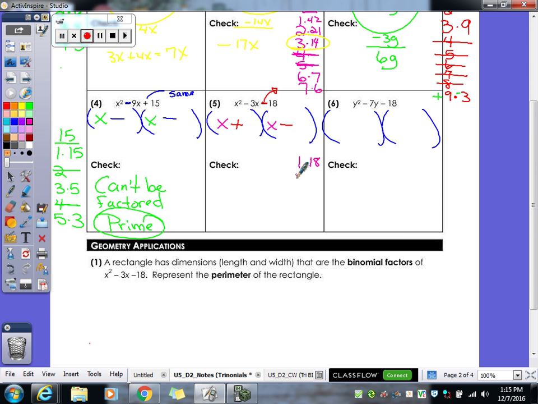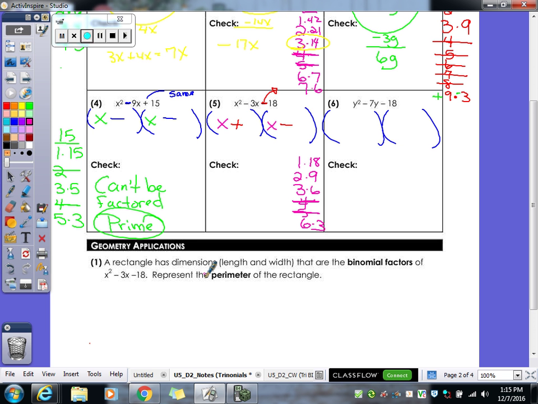Go. 1 times 18. 2 times what, Lex? 9. Does 3 go into 18? 3 times what? Good. How about 4? No. Does 5? Does 6? Yeah, 6 times 3. And are we done? Yeah, there's nothing else.